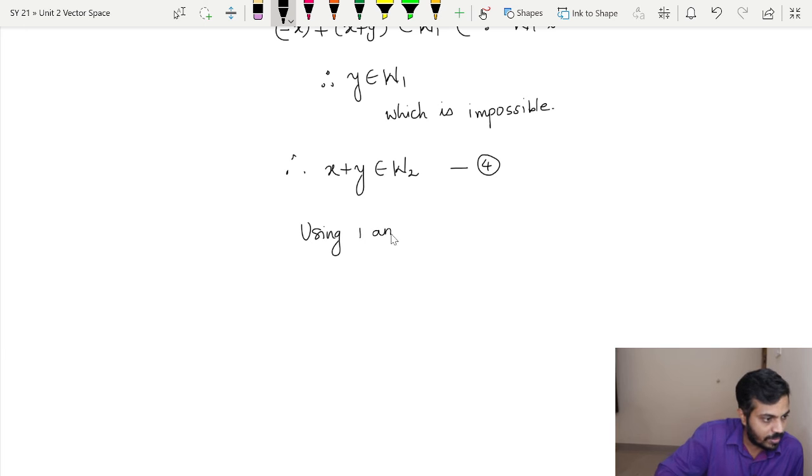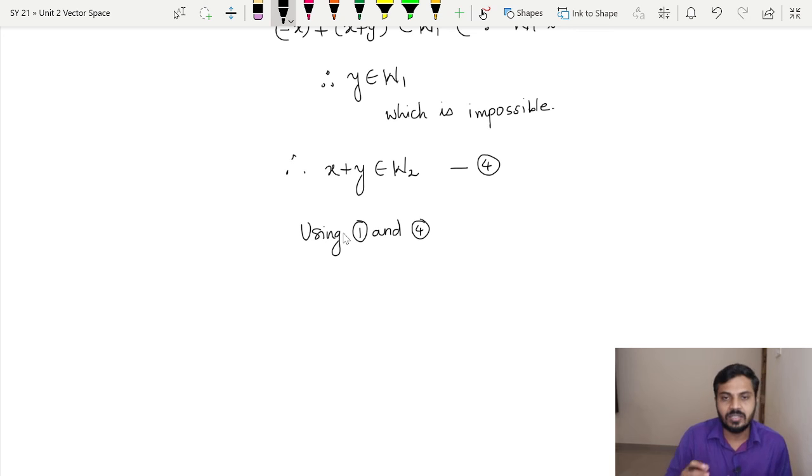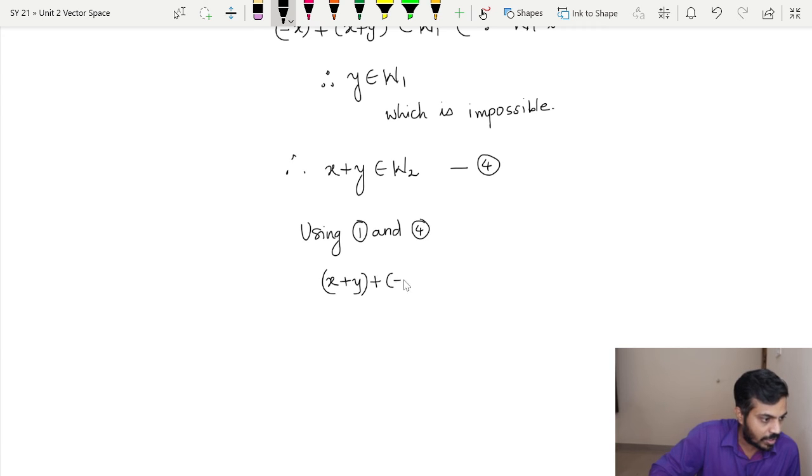Remember, what was our ultimate aim? Our ultimate aim was to prove x belongs to W2. We started with an arbitrary element of W1, and we wanted to show that it is present in W2. So from 1 and 4, we can say that x plus y plus minus y belongs to W2.